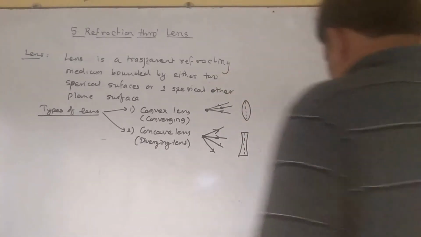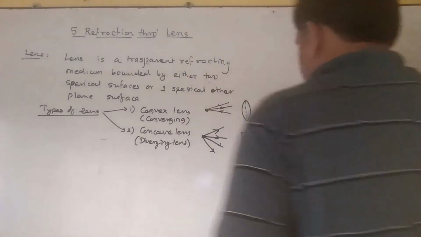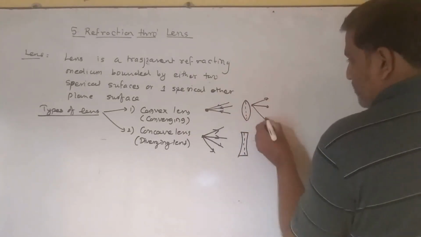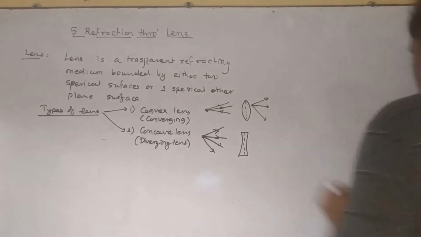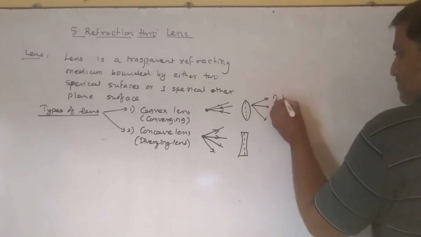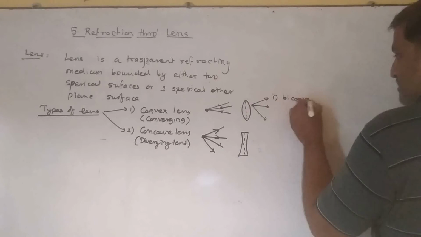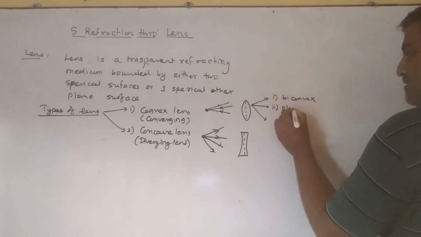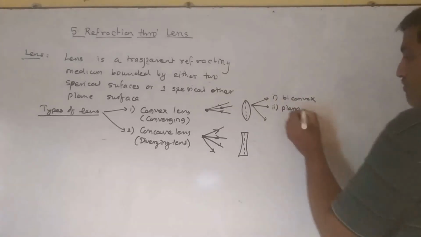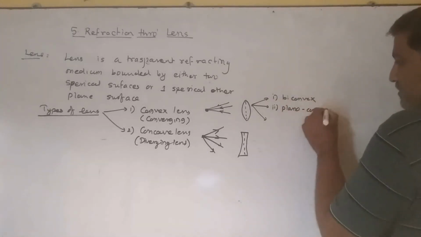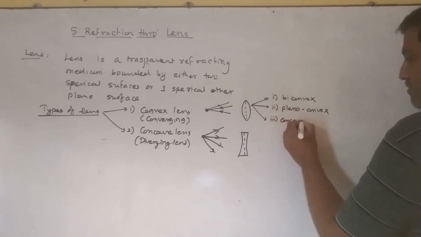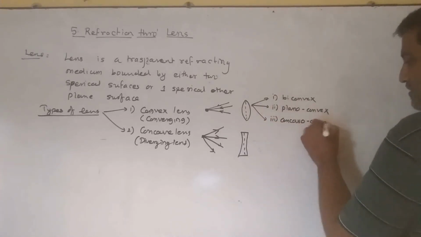Now this convex lens is again categorized into three different types. First is biconvex, second is plano-convex, and third one is concave-convex.